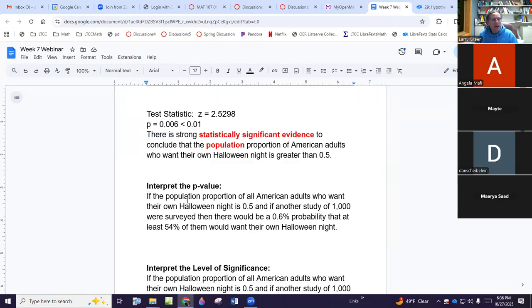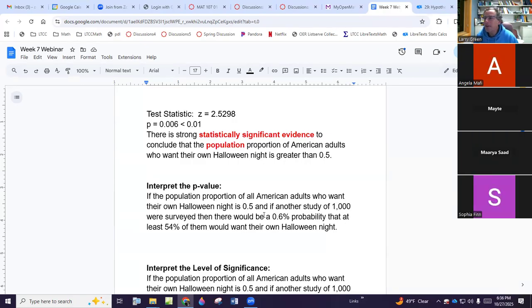So if the population proportion of all American adults who want their own Halloween night is 0.5, and if another study of 1,000 were surveyed, then there would be a 0.6%, a very tiny percent probability that at least 54% of them would want their own Halloween night. And if there's such a small probability, then you say that it's probably not true. Does that make sense? Any questions on that?